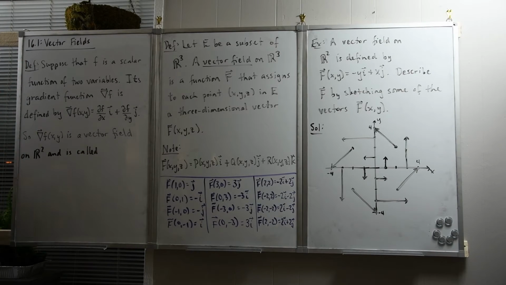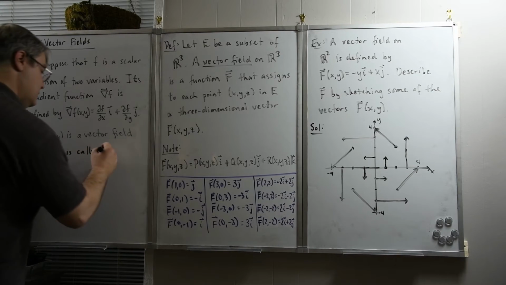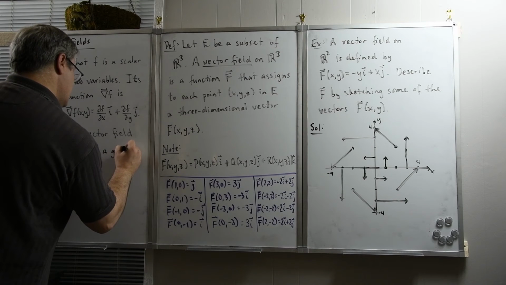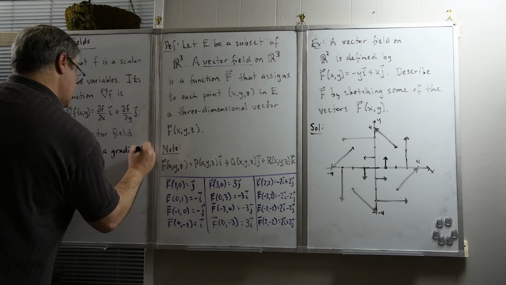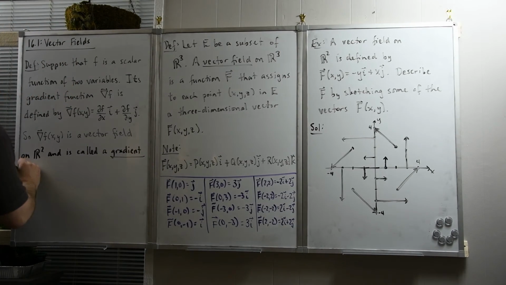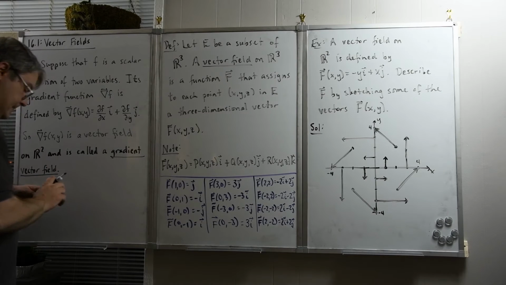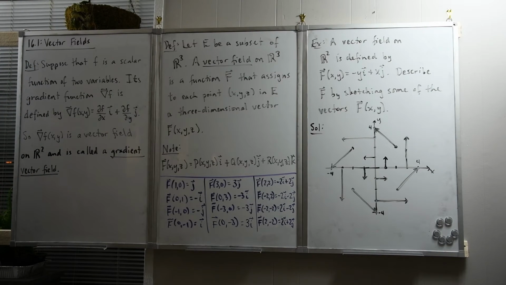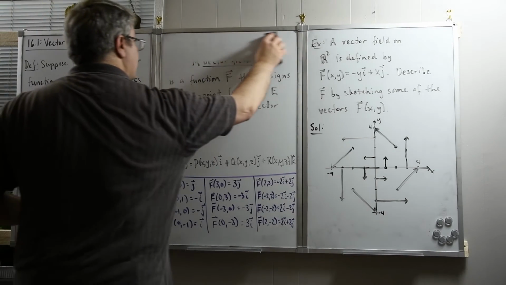So once again, this is a vector field in R2, and we refer to it as a gradient vector field. All right, so let's take a look at an example.